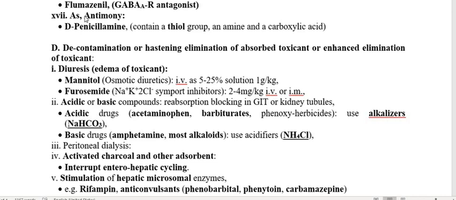If the thiol group is present in a physiological enzyme, then the metal is going to bind with that thiol group. So as an antagonist, we give D-penicillamine, which provides the thiol group in its structure.